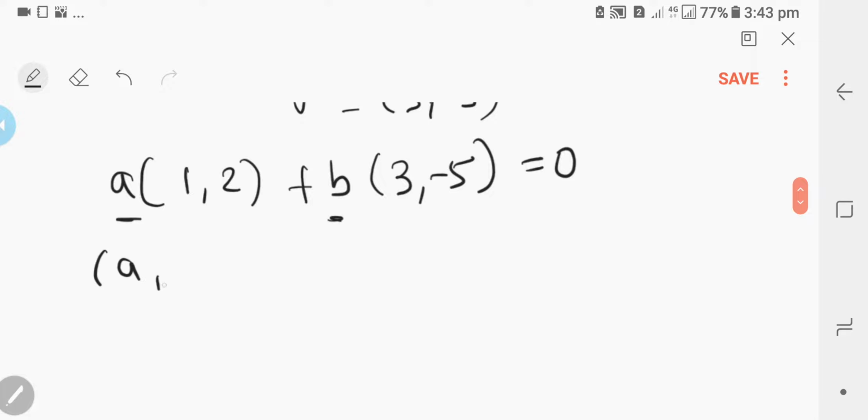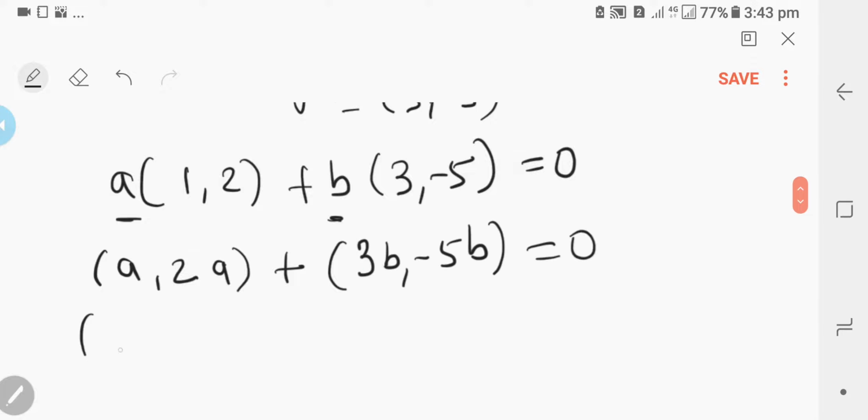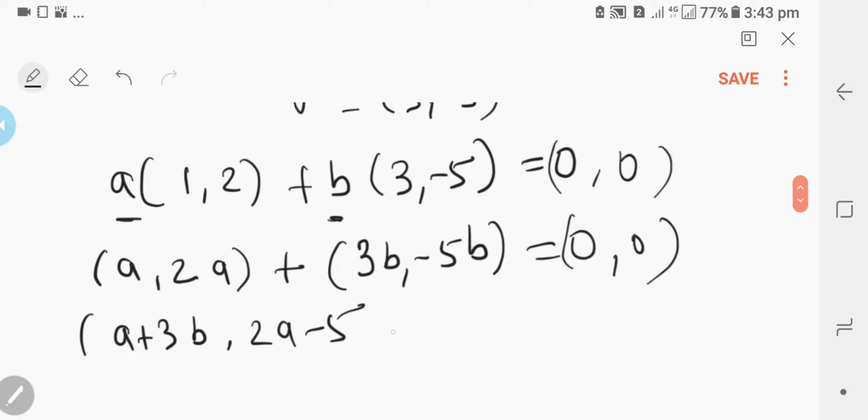Now, what will it be? a(1, 2) + b(3, -5) = 0, that is (a + 3b, 2a - 5b) = (0, 0).